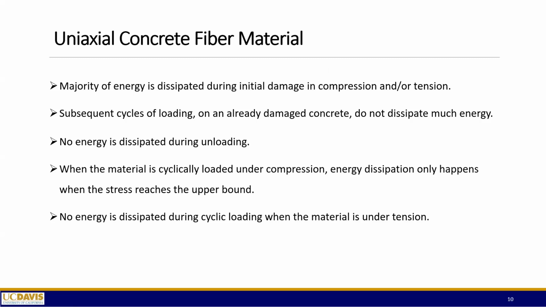This is consistent with the common understanding that the majority of the damage happens at those points. Later, when you have cyclic loading, you can also dissipate energy due to friction and crushing of the concrete, but the majority of energy dissipation should happen during the initial damage.